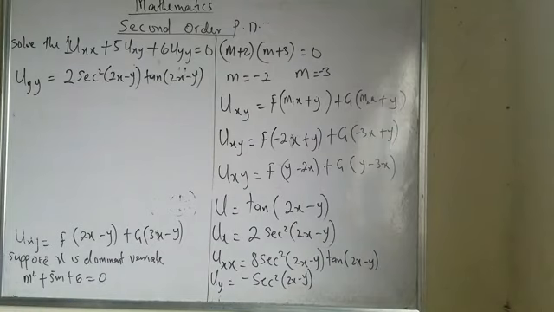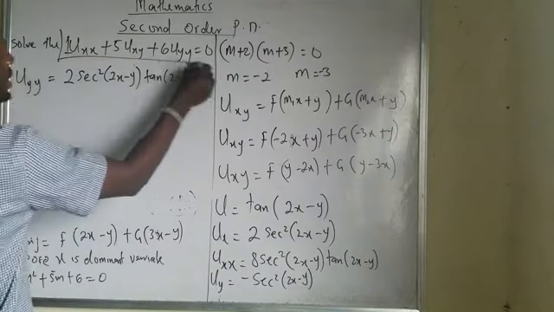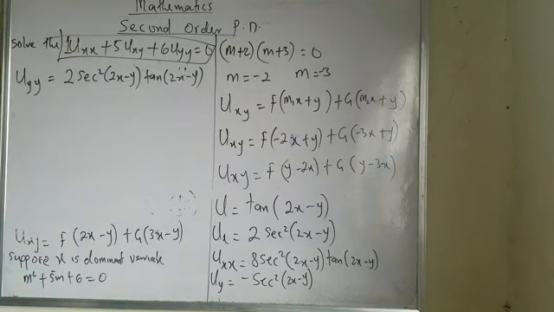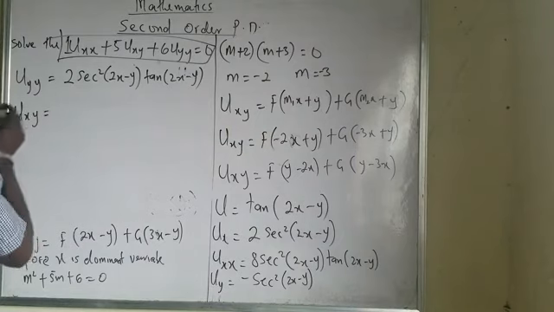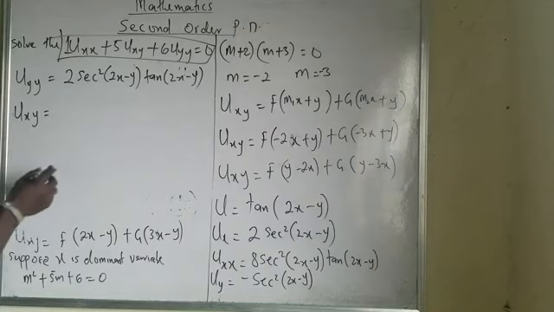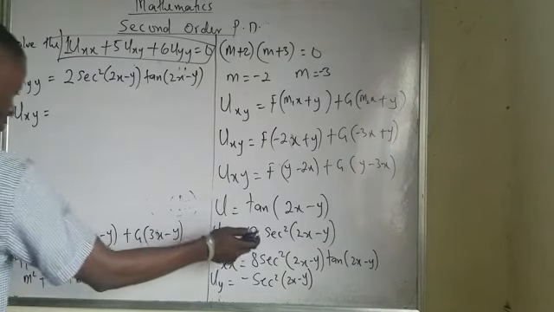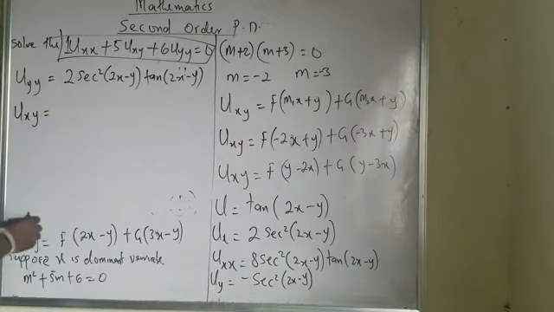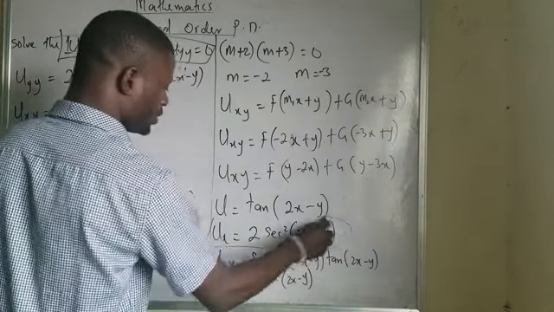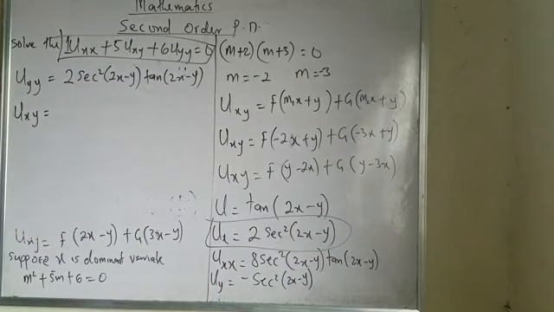Now the last part of it, because I want to work in the form of this, which is u of xy. I differentiate the u of x with respect to y.